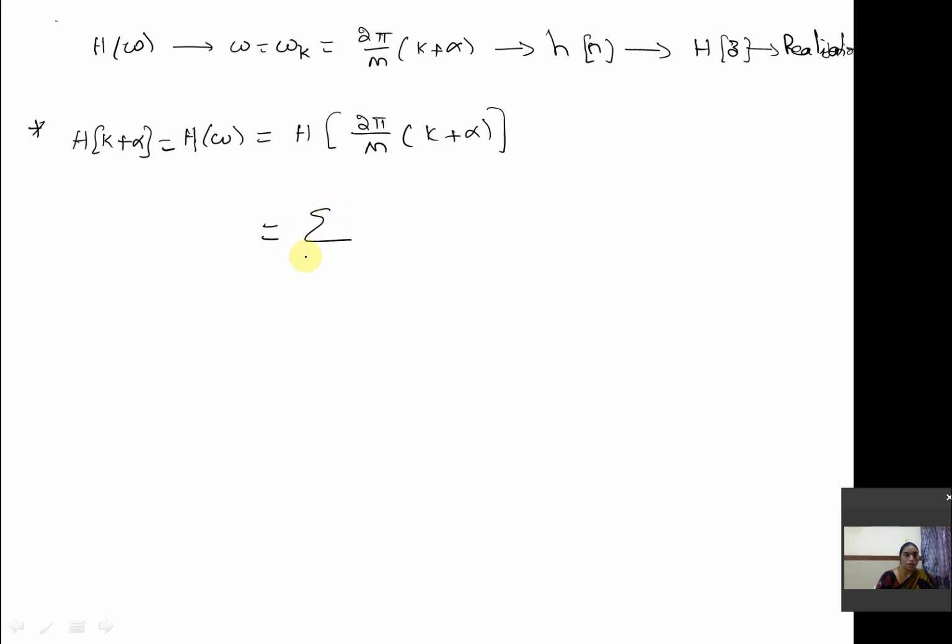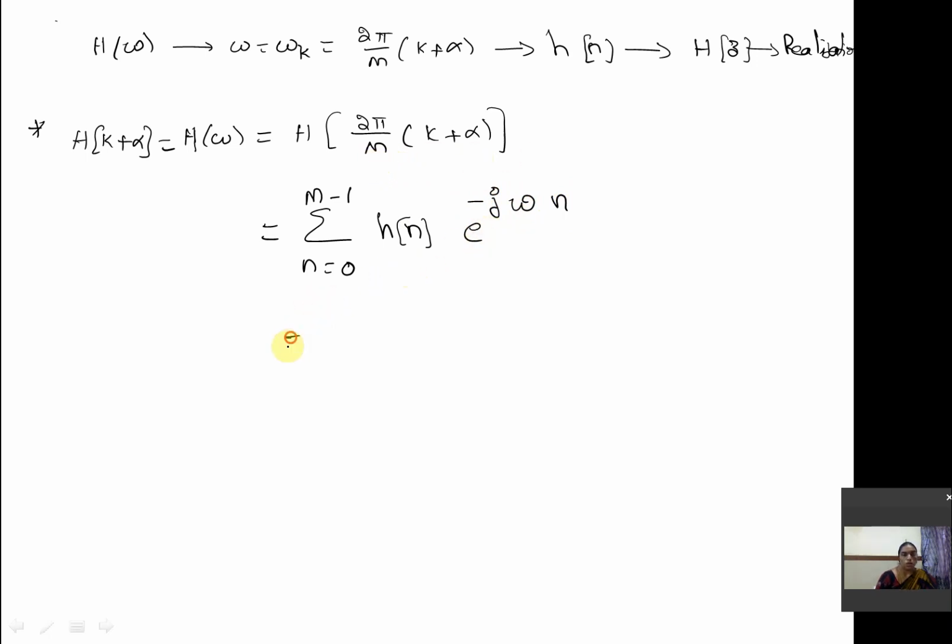So that is nothing but summation n = 0 to, here consider M samples are there, so that's why 0 to M minus 1. Now impulse response h of n e power minus j omega n. Actually what is the omega here? 2 pi by M into (k plus alpha), right?